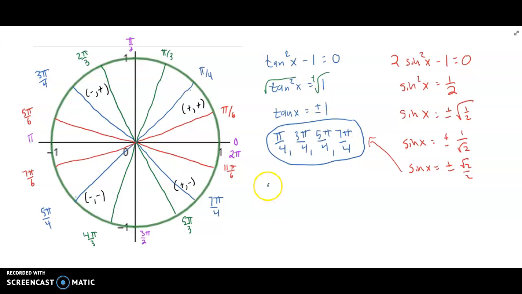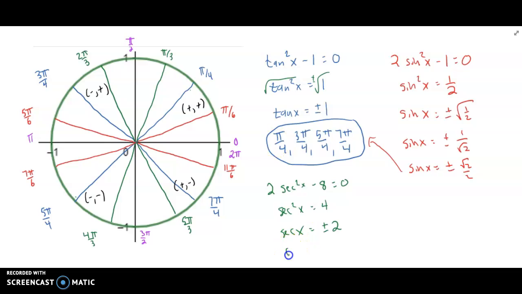All right, what about one like this? We're going to have 2 secant squared of x minus 8 equals 0. So I'm going to solve this like we did the previous ones. I'm going to bring the 8 over and divide by 2. Secant squared of x is going to be 8 over 2, which is going to be 4. So I'm at a point now where I can take the square root of both sides, plus or minus square root of both sides, and I'm going to have secant of x is equal to plus or minus 2.